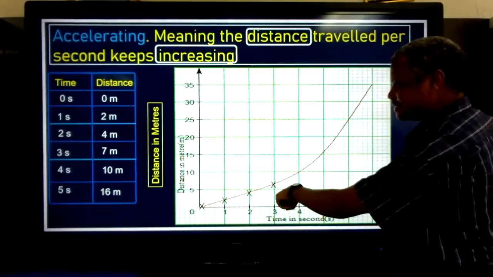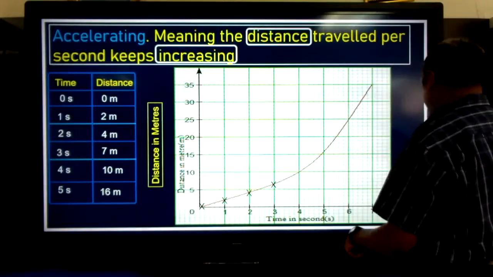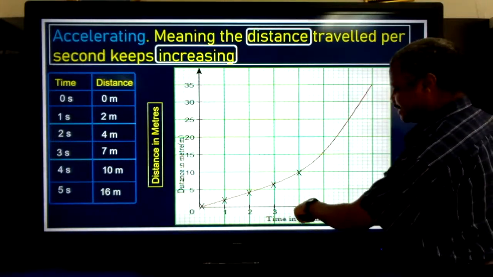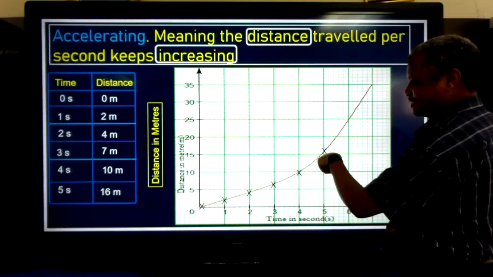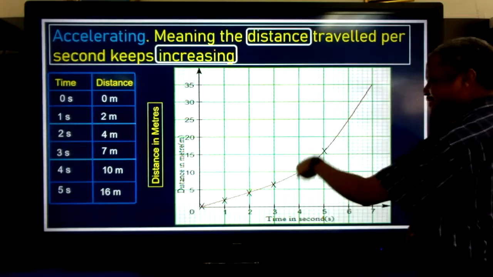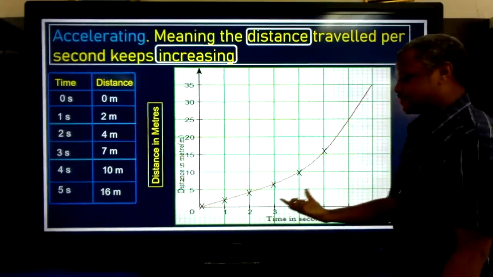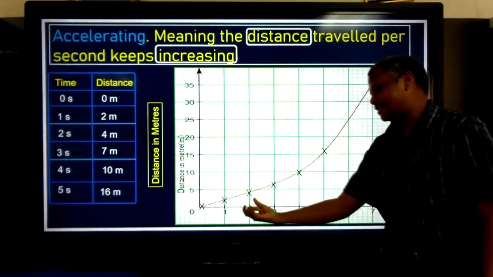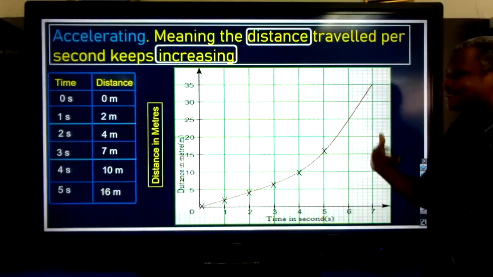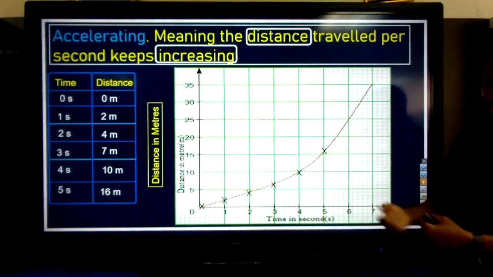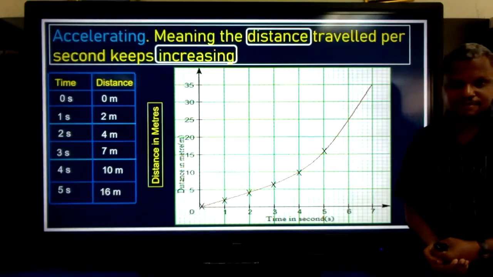Again, 3 at about 7, at 4 seconds about 10 meters, and at 5 seconds about 16 meters. So this graph simply shows that the distance traveled keeps on increasing as time moves on.